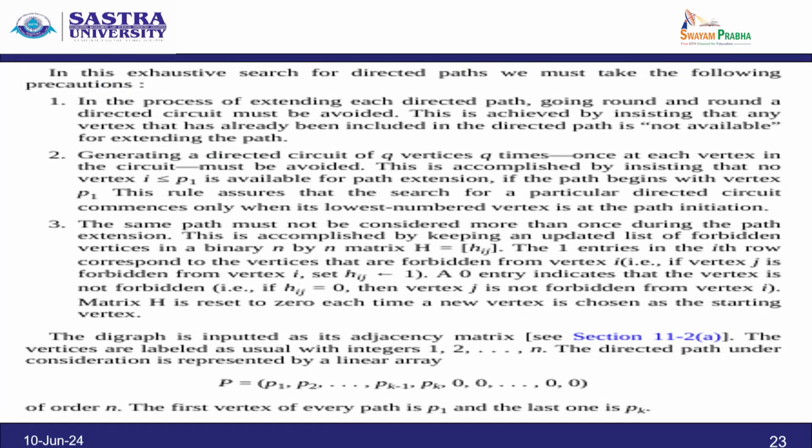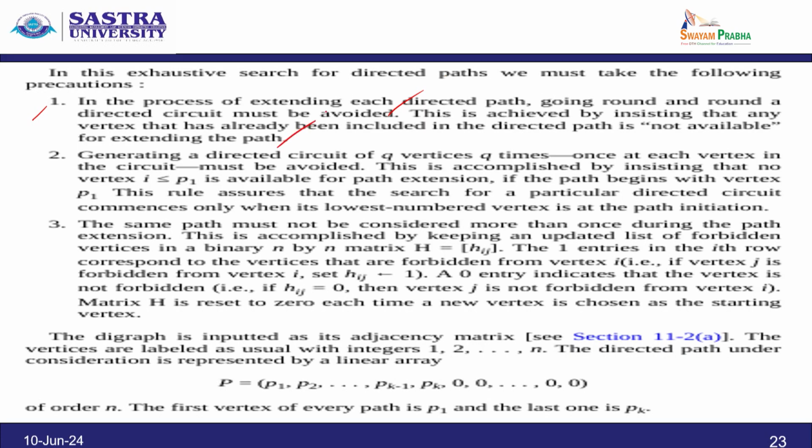In this exhaustive search for directed paths, we must take the following precautions. Number 1, in the process of extending each directed path, going round and round a directed circuit must be avoided. This is achieved by insisting that any vertex that has already been included in the directed path is not available for extending the path.